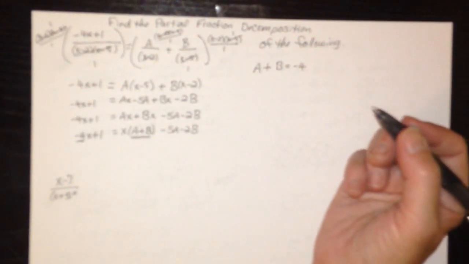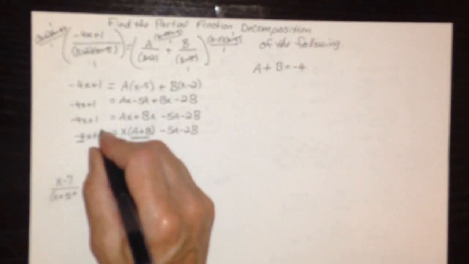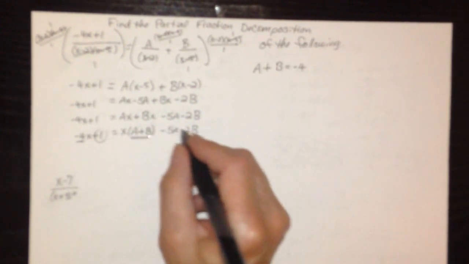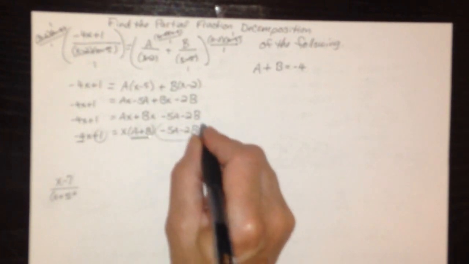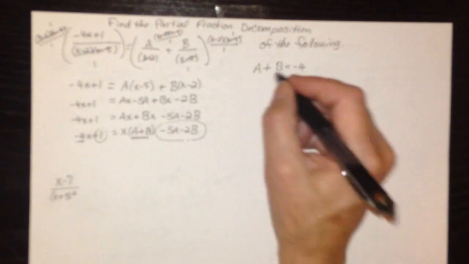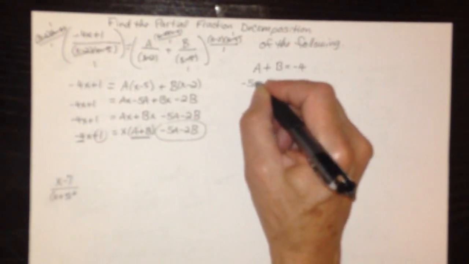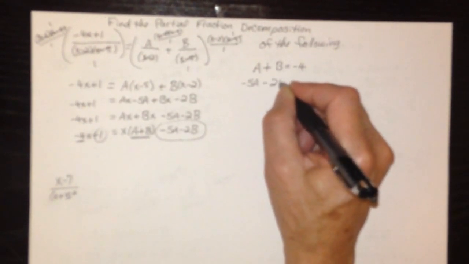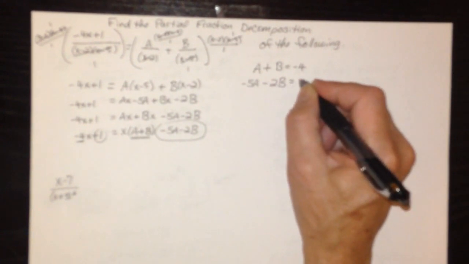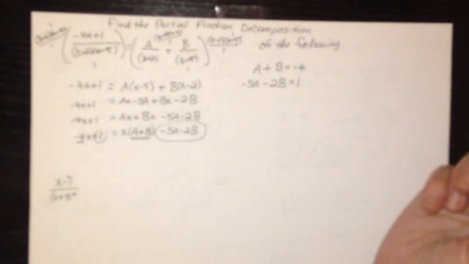Then I'm going to equate the constant terms together. 1 is going to be set equal to the constant term on the right-hand side, negative 5a minus 2b. So I have negative 5a minus 2b equals 1.